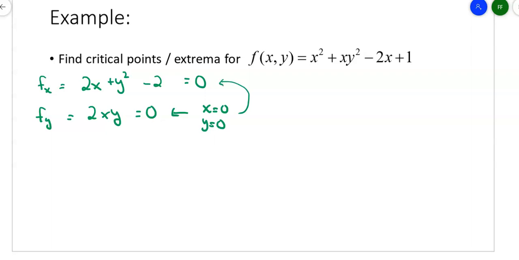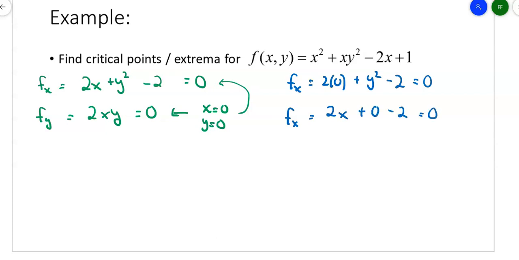So when I do that, I get the partial with respect to x equals 2 times 0 plus y squared minus 2 equals 0. And then if I do it for the other variable, I get the partial with respect to x equals 2x plus 0 minus 2 equals 0. So those are the two sentences I get. One with x equals 0, one with y equals 0.